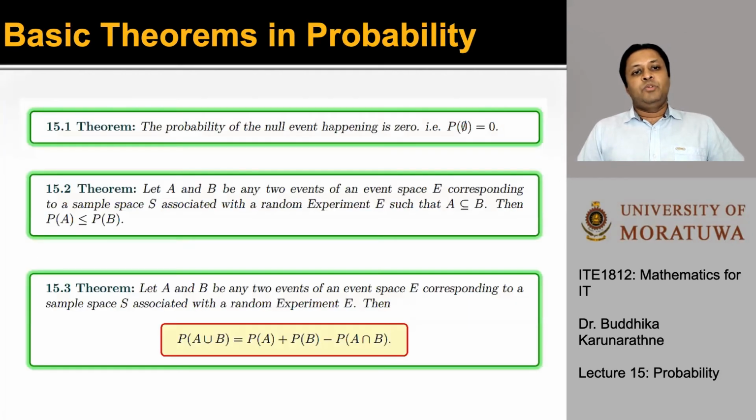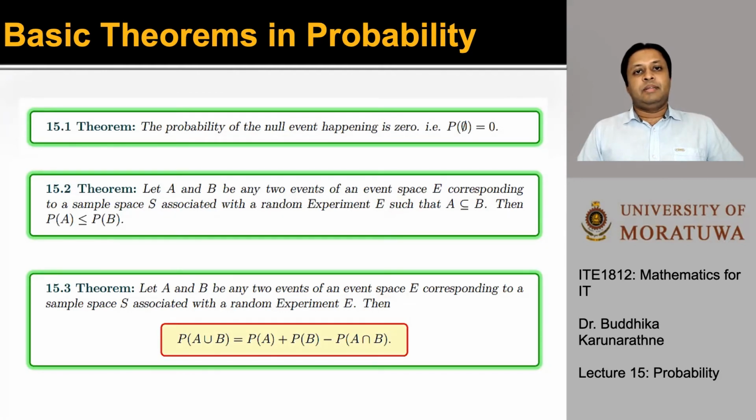Now, with that, we move on to basic theorems in probability. 15.1 theorem of probability: the probability of the null event happening is 0. So symbolically, P of the null event is 0.